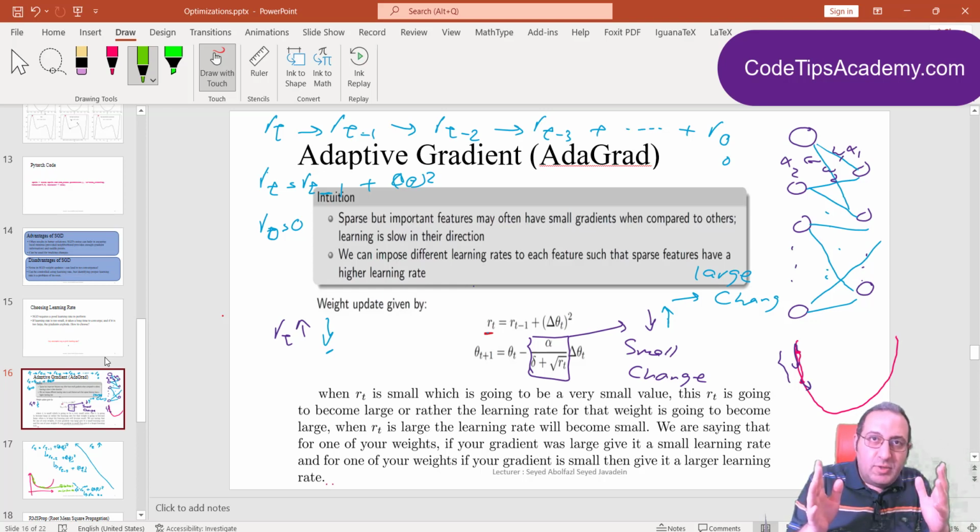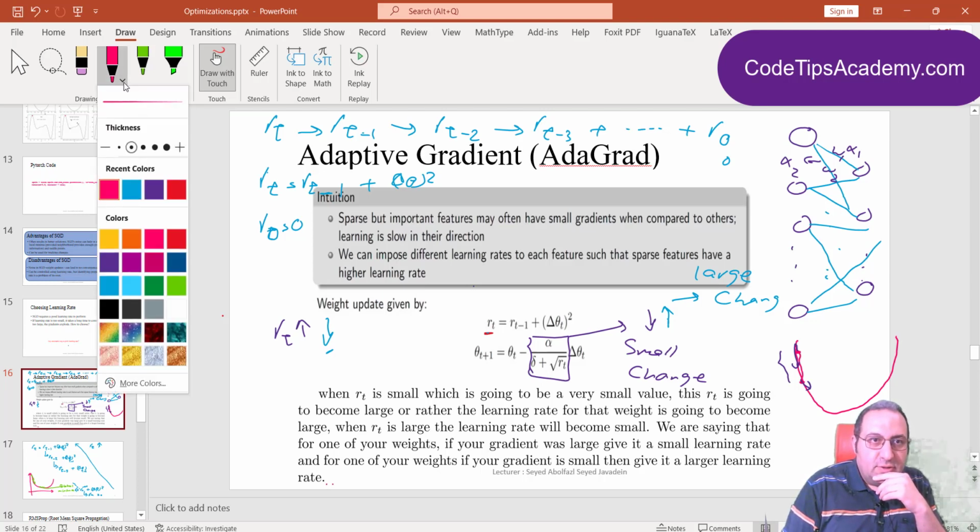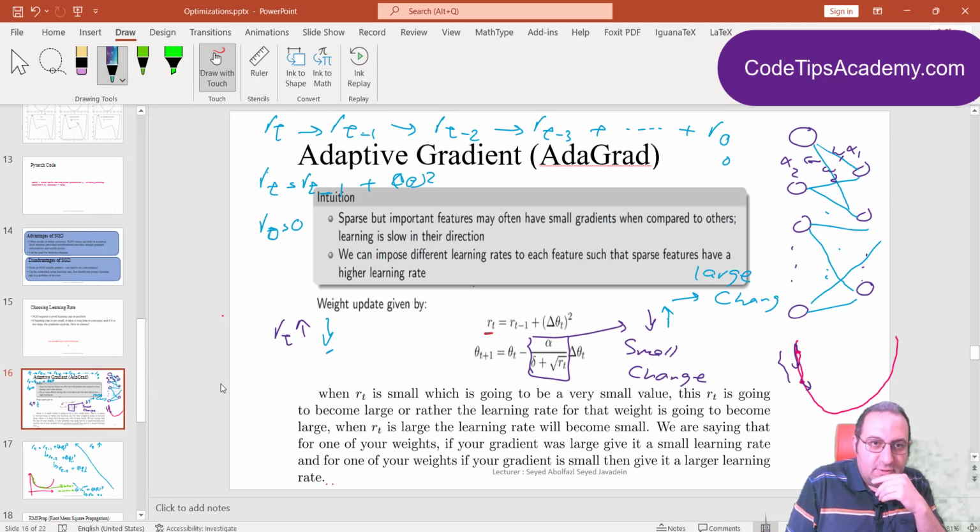The idea is simple and very effective. But there is a problem here. What is the problem? I'll explain this delta here. This is an amazing color. We know that this is the learning rate.